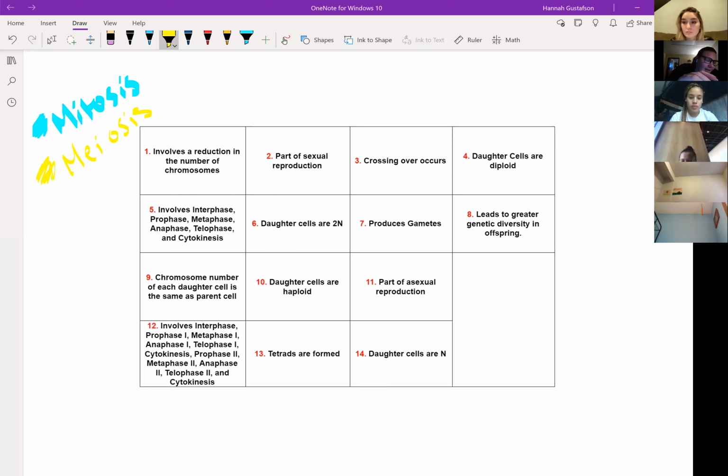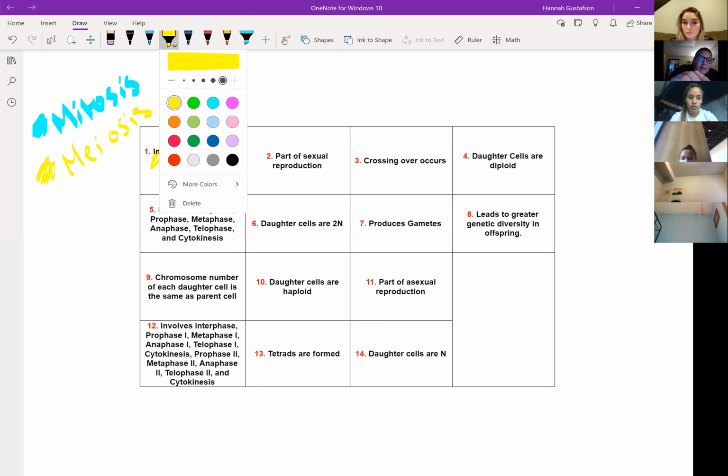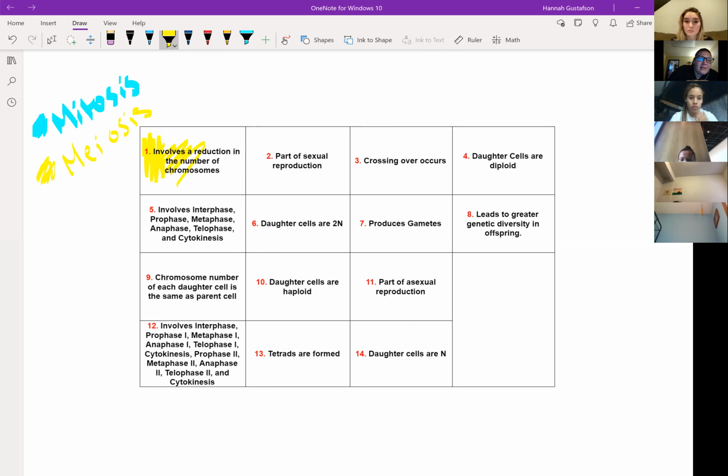So I'm going to take yellow and highlight this square for you. This is where we talked about how, at the end, each one only has a single chromosome. That is what we're talking about here. So for number 2, part of sexual reproduction, do we think that's mitosis or meiosis?